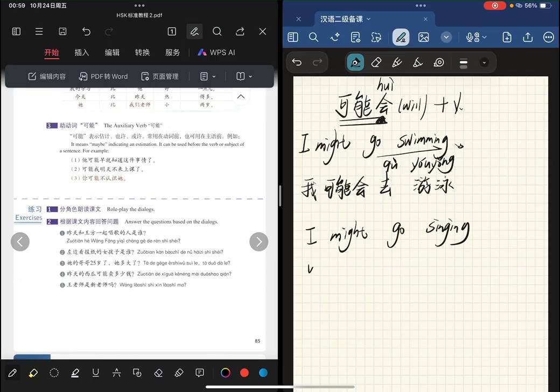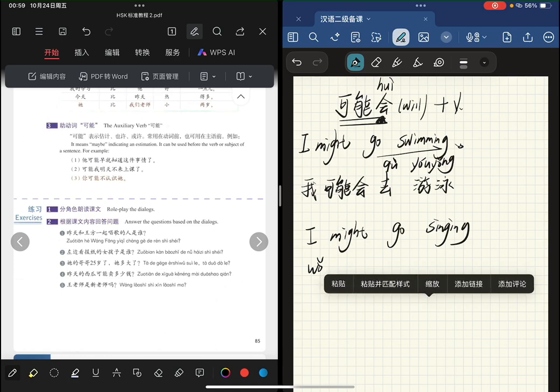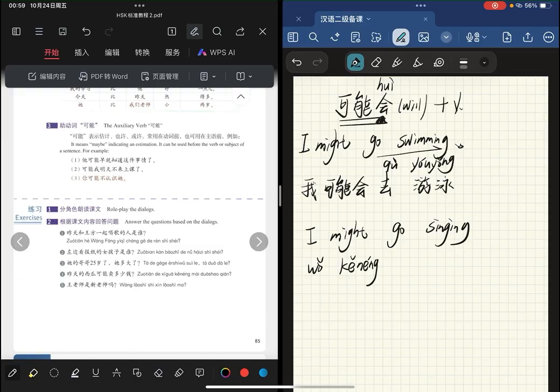Remember, 可能会 is might, 去 sing: 唱歌. 我可能会去唱歌, that's my plan. 我可能会去唱歌. Okay?